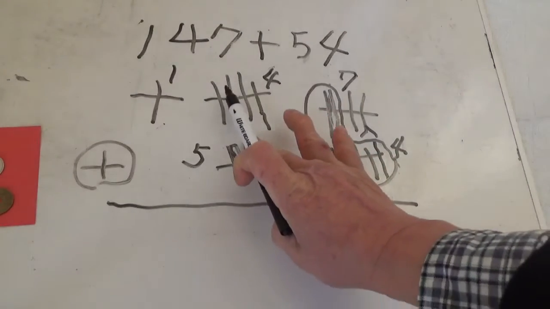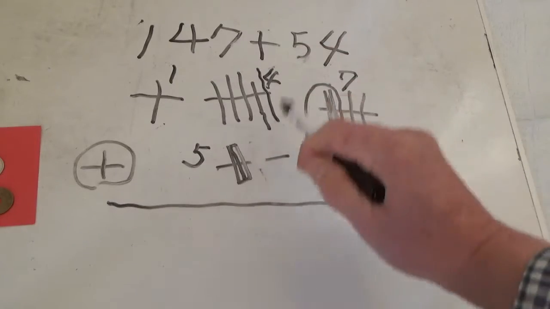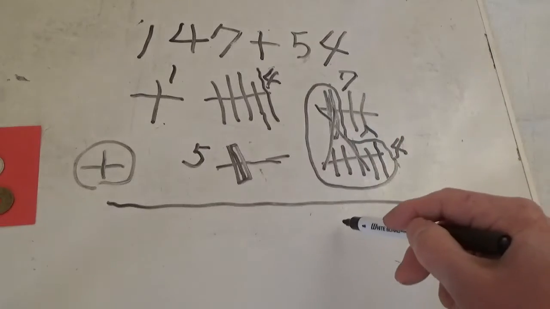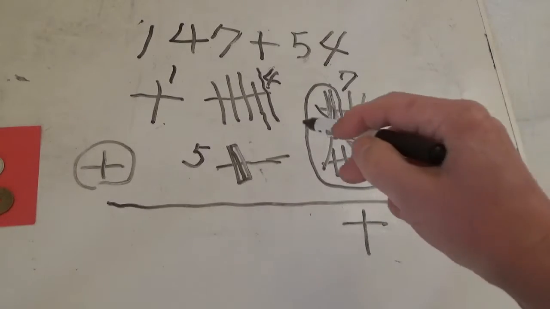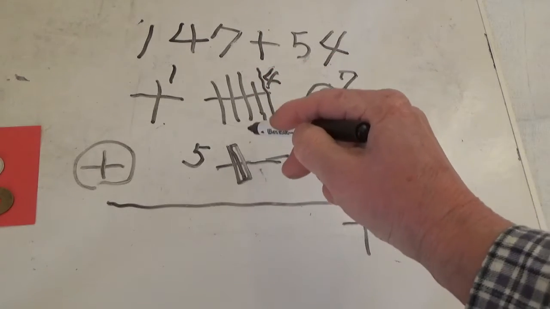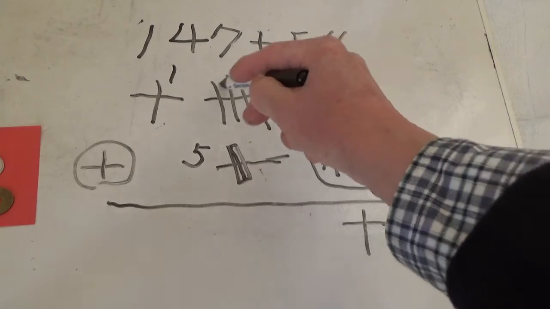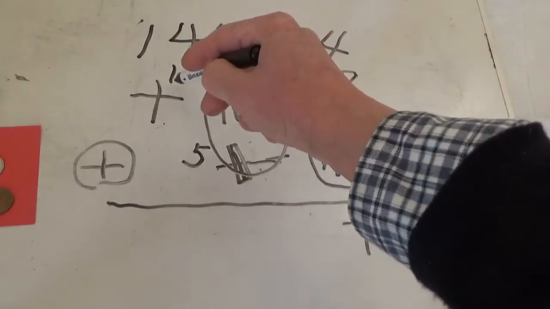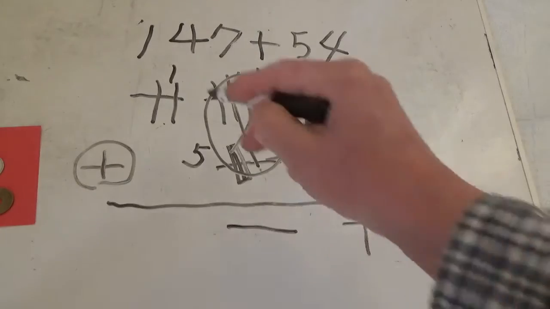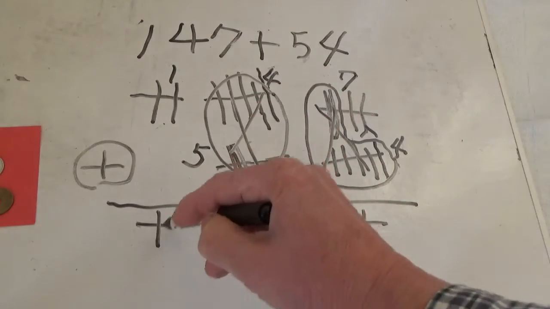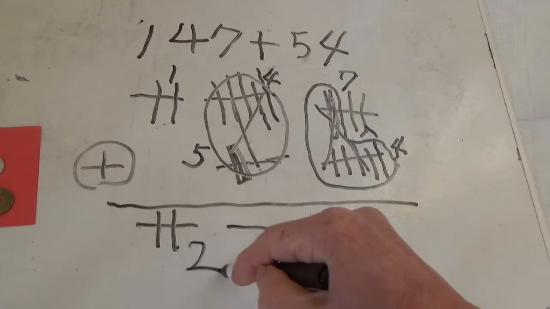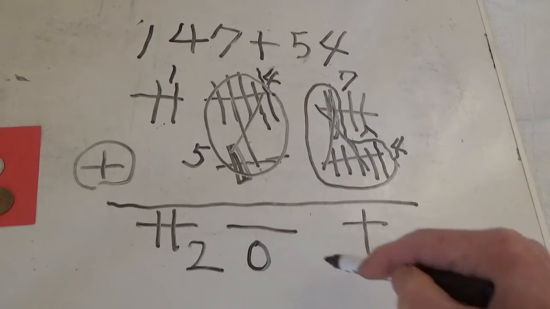Sorry, let's make here. So remaining 1. And this is 1, 2, 3, 4, 5 plus 5 equals 10, makes 10. And this vanishes and it's 0, and this is 2. So it is 201.